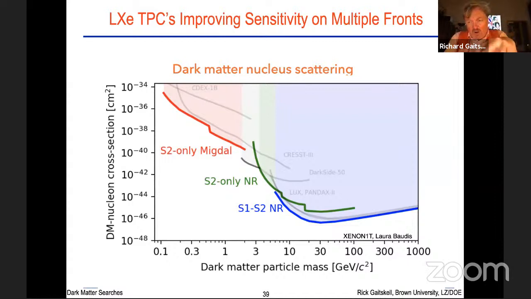So we do operate them in multiple modes. The conventional scintillation plus ionization, known as S1, S2, that sensitivity, we've been able to push it down to sort of 5 GeV or so, maybe even a bit lower through various techniques.